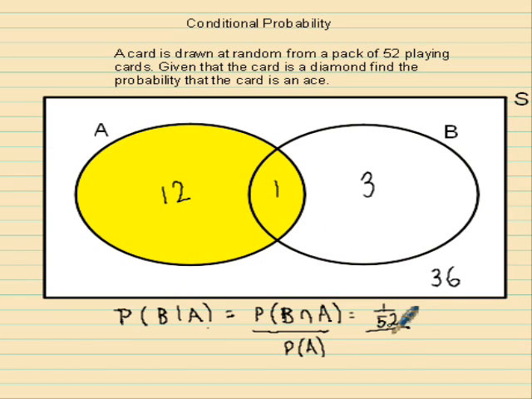So this is 13 out of 52. And then 1/52 divided by 13/52 is equal to 1 over 13. Which is just what we found, just visualizing what was going on in the Venn diagram. But this is a more formal way using probabilities.